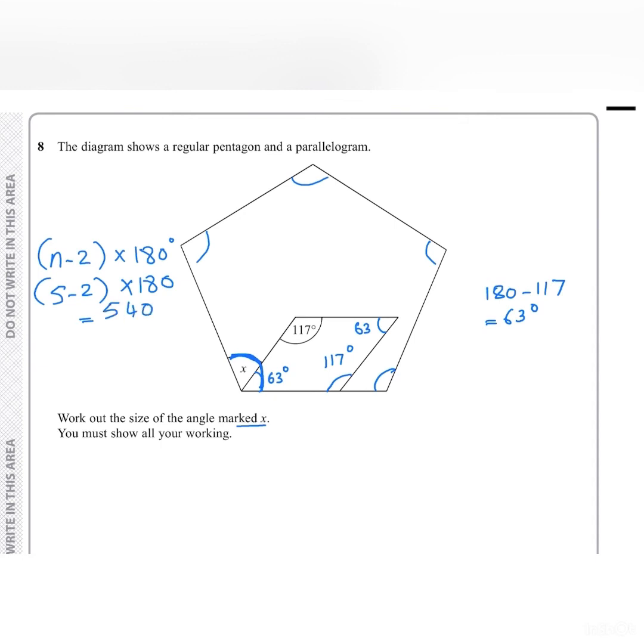Now, since there are 5 equal angles, 540 divided by 5 is 108 degrees. So all of this angle is 108, but we already know part of this angle, which is 63. So 108 minus 63, okay, and that equals 45 degrees. So X equals 45. Okay, so that is the answer for this question.